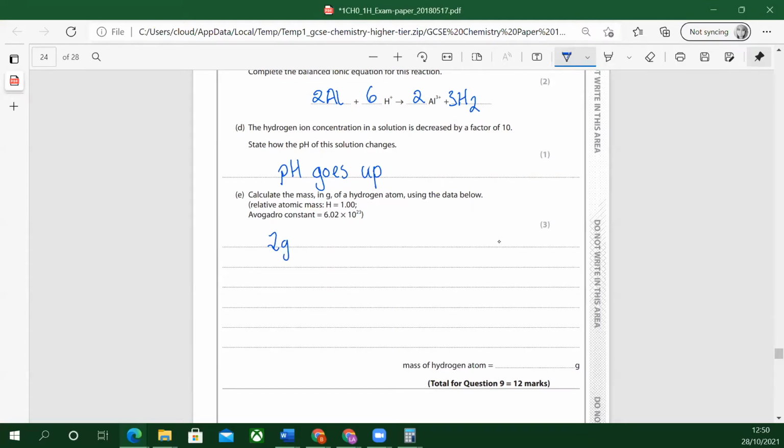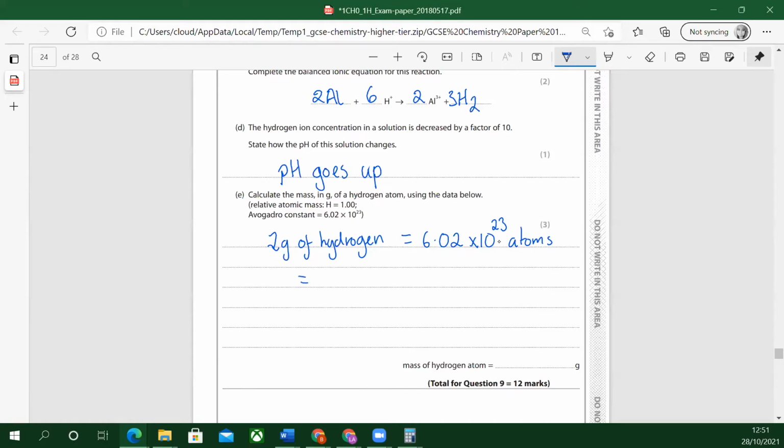So 1 gram of hydrogen equals 6.02 times 10 to the 23 atoms.